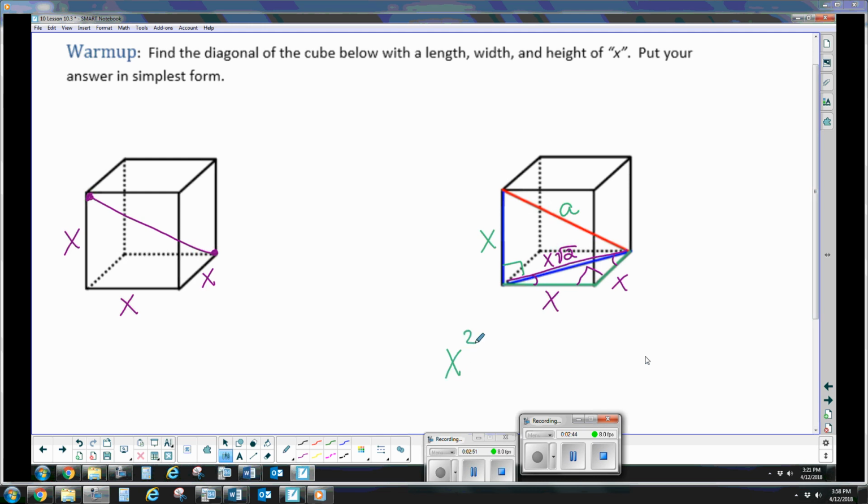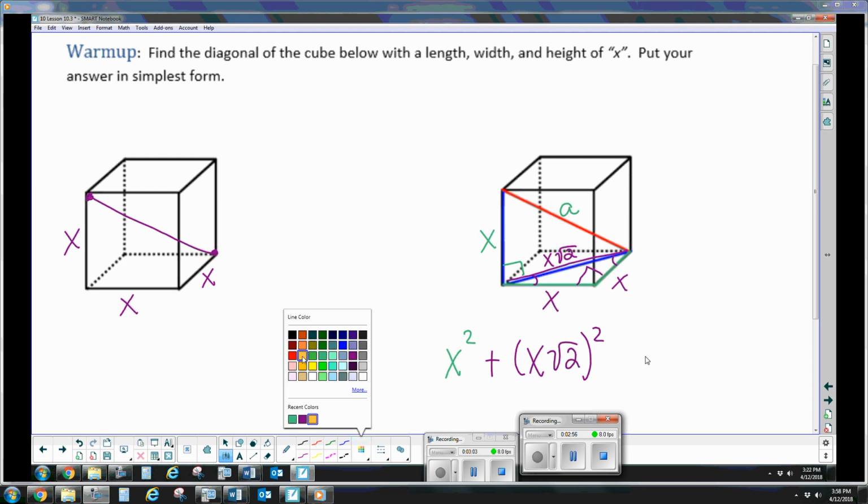So now we're going to use the Pythagorean theorem. So we have x squared plus x times the square root of 2 squared, and that's equal to a squared.